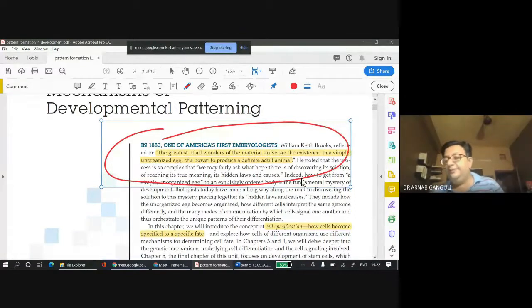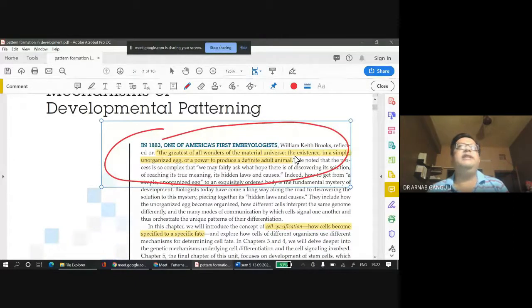So it is really a strangely wonderful event that in this universe, from one small egg, which is unorganized, that is, nothing is regular inside this egg, it has got a power to form a particular definite individual.